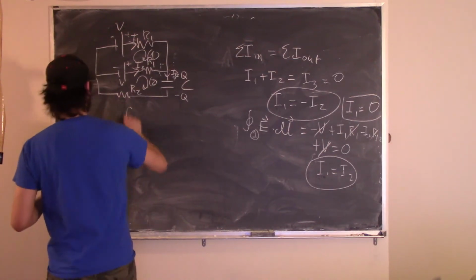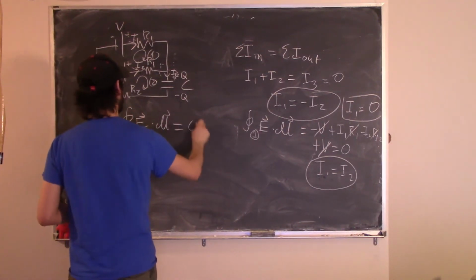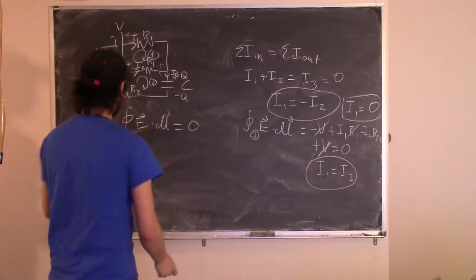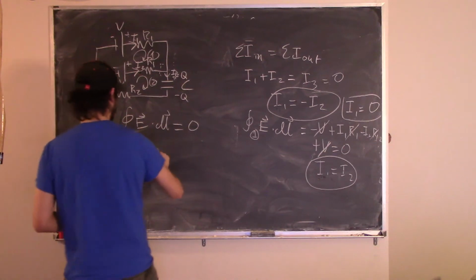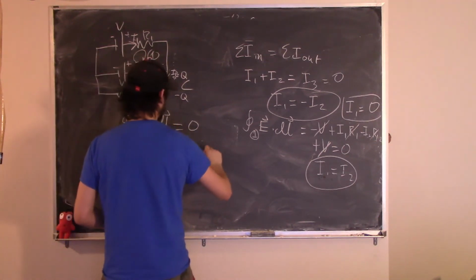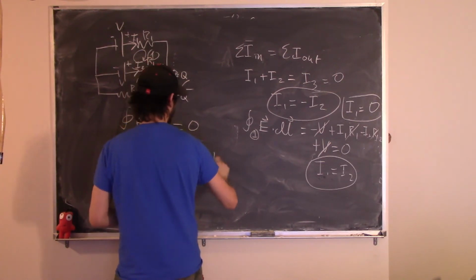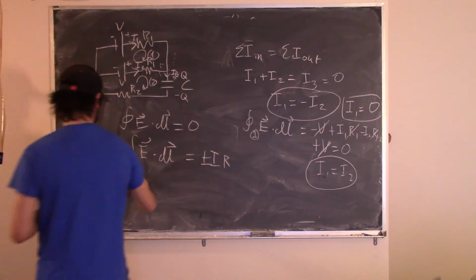When I do the integral of E dot dl over some closed loop, this is equal to 0. But the question is, if I go over some resistor, the integral of E dot dl is either equal to plus or minus I times R. Same thing with the capacitor, same thing with the battery.